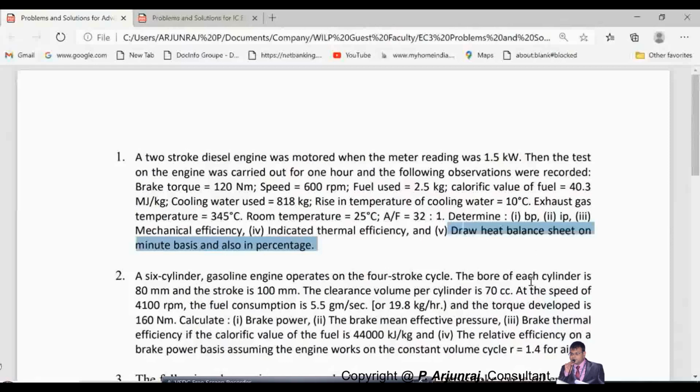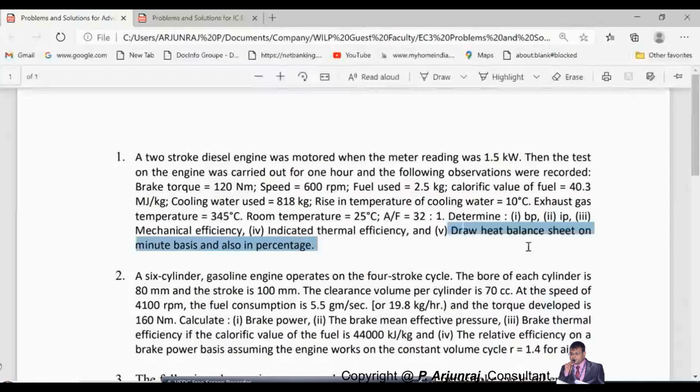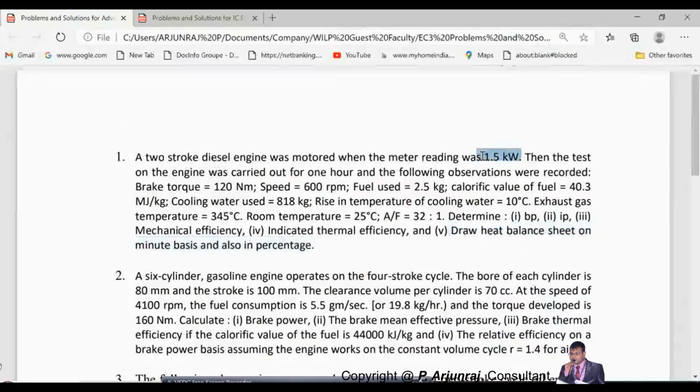Okay, good. So here, this is the question they are asking to determine, and these are all the given data. Okay, so here they given that this is a two-stroke engine, and they given that this is a diesel engine. When it was motored, with the meter reading, the power they given as 1.5 kilowatt.